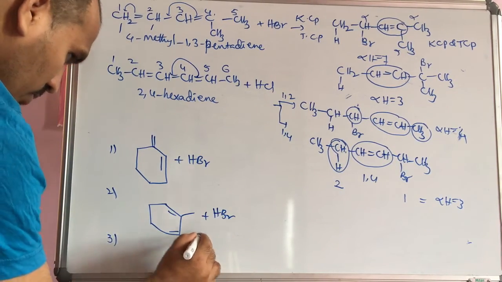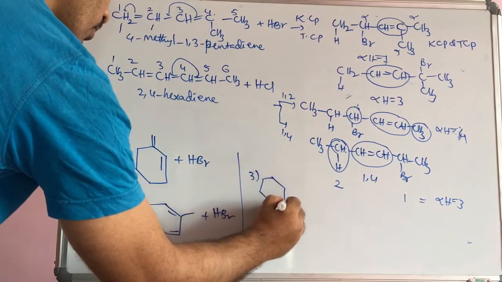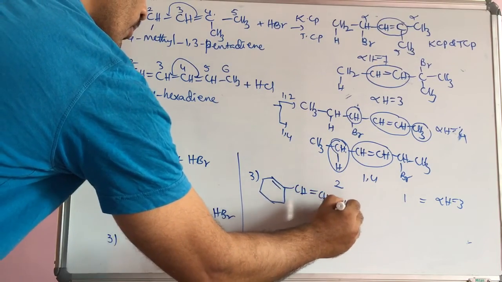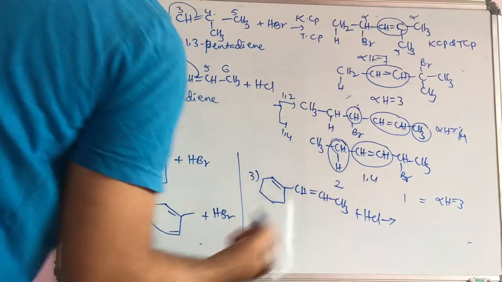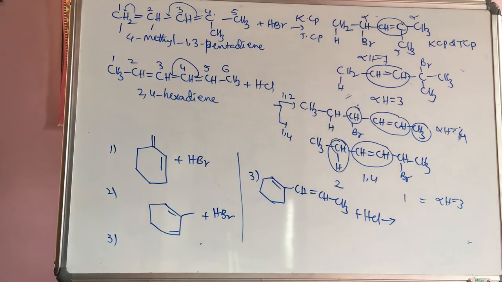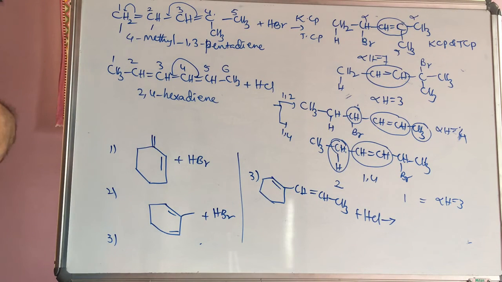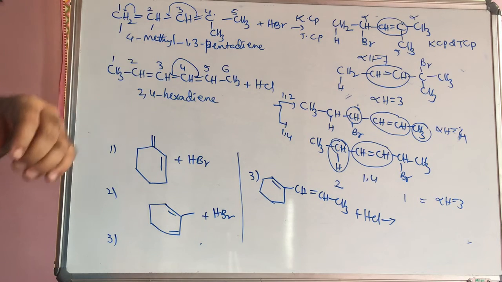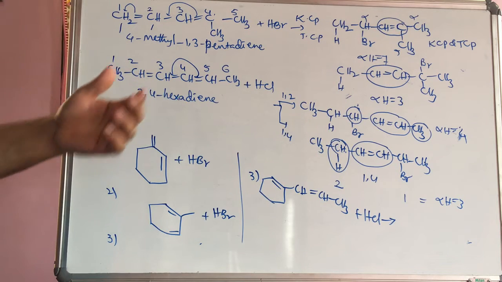Third one, CH3. You can take HCl also, HBr also. Then what will be the major products? So this is about the best examples we will take in 1,2 and 1,4 addition of HBr or HCl or HX.